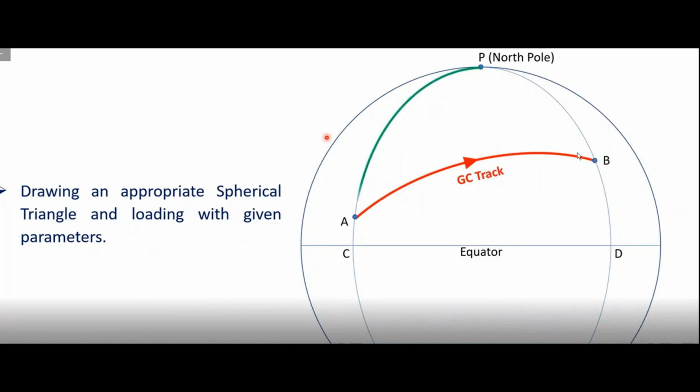So once you understand these concepts, it will be easy to solve this triangle now. In a normal or basic great circle question, we are provided with the latitude and longitude of starting position A, and we are given the latitude and longitude of our destination position B. So when you have their lat long, you can find out side PA, you can find out side PB, and you can also find out angle P. Once these three parts are known to us, we can easily apply the cosine formula here because two sides and an included angle are known.